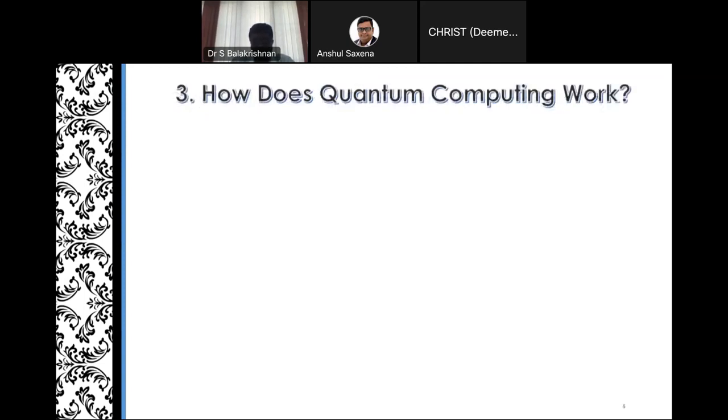And next, how does quantum computing work? That was the question I asked on the starting slide. As per quantum computing, we don't expect to build our own quantum computer like a DIY PC with parts scavenged from the discount bins at the local electronic shop.